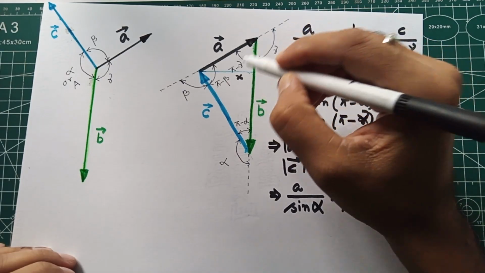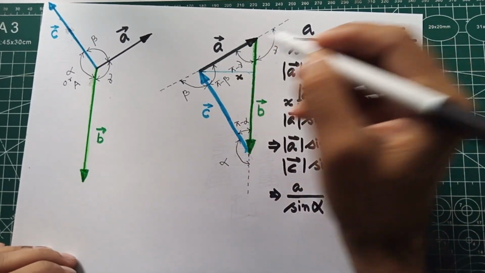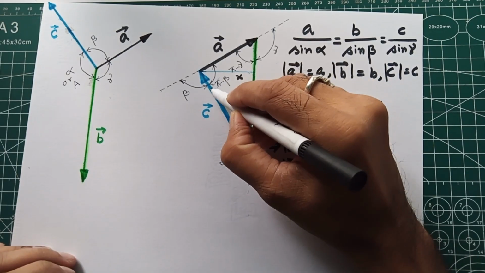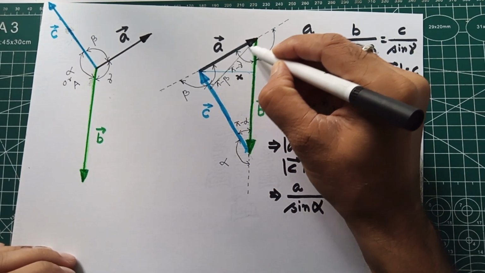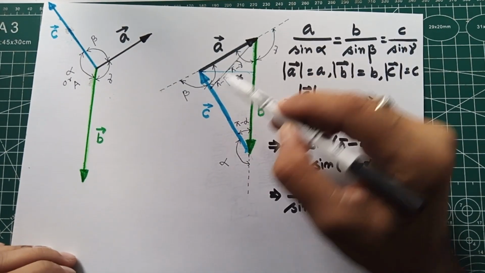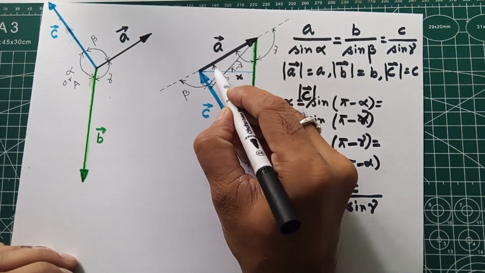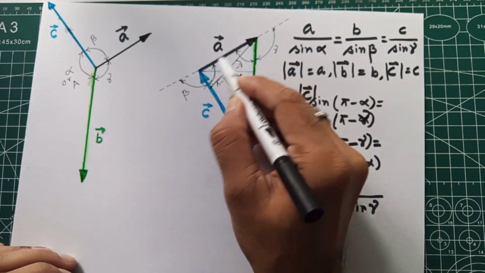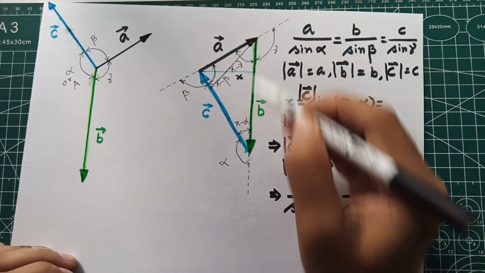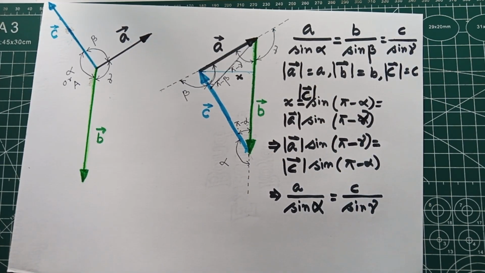That means if I draw a perpendicular from this vertex on this line, then the length of the perpendicular is equal to a sine of this angle, which is pi minus beta, and the same length is equal to b sine pi minus alpha.